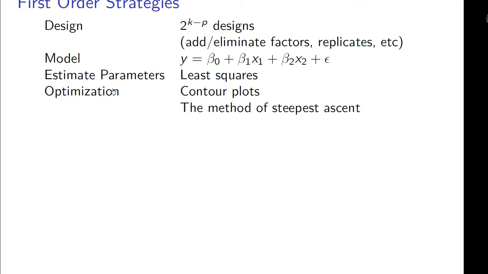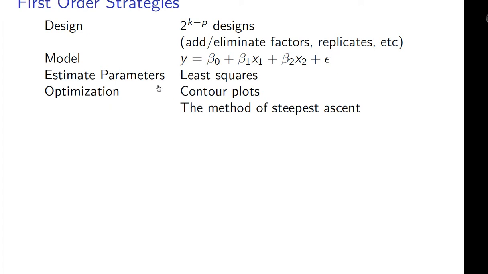And the model in this case is shown here. So here's the response variable y, the intercept beta 0, the coefficients beta 1 and beta 2 for the two factors, x1 and x2, and the error term epsilon.